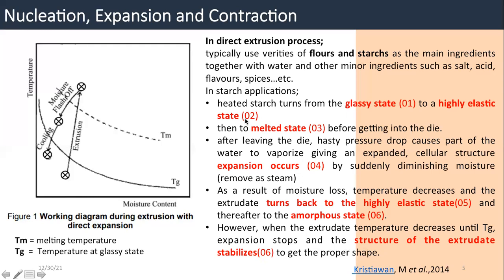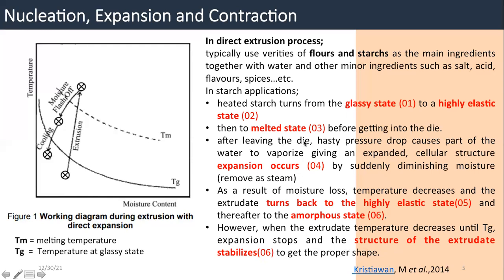Then liquid is there, right? After leaving the die, now still we are inside the barrel, but now we are going to move through the die, right? You can imagine what happened to the temperature and pressure inside the barrel. The temperature is very high, and inside the die also the temperature is very high. Sorry, pressure and temperature both are very high.